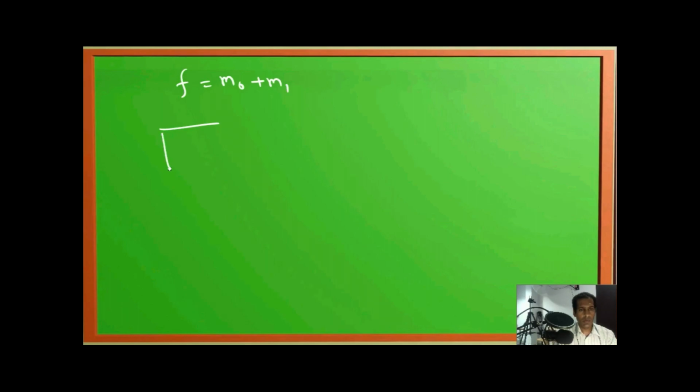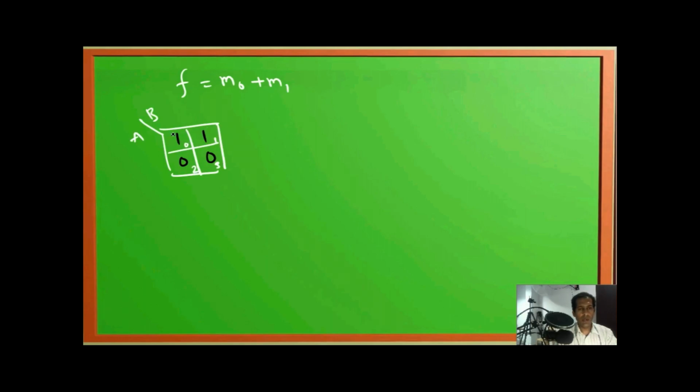So in the 2 by 2 square, we have m0, m1, m2, m3. This side we have A, this side we have B. So m0 plus m1 means here we have 1, here we have 1, this one is 0, this one is 0.